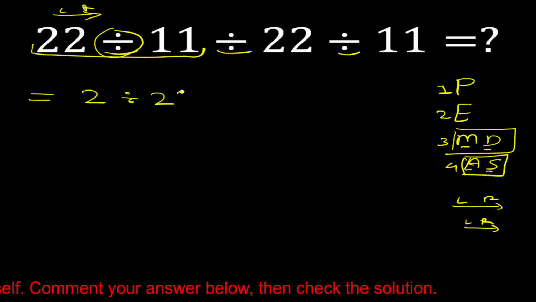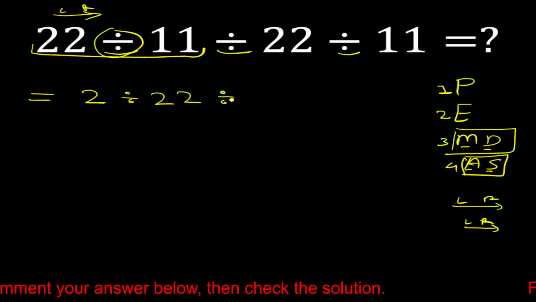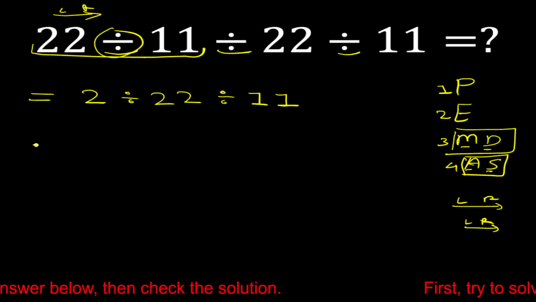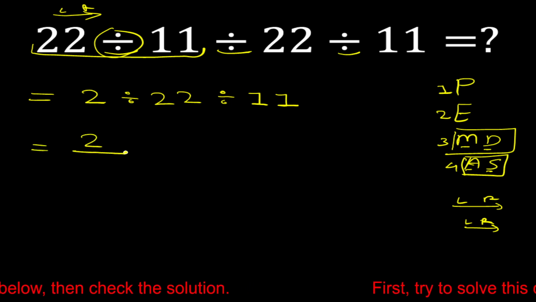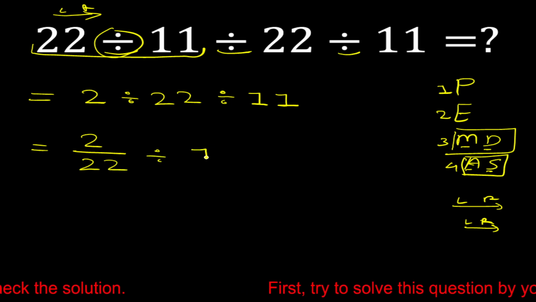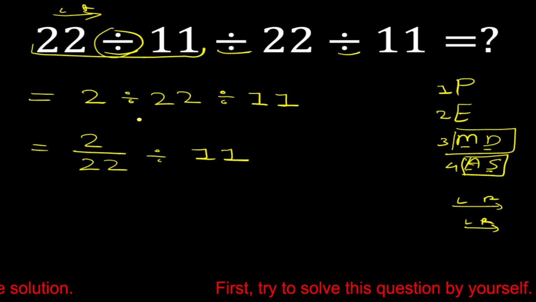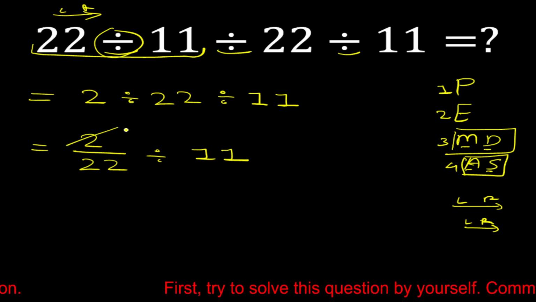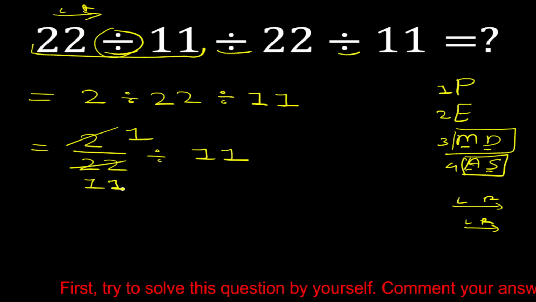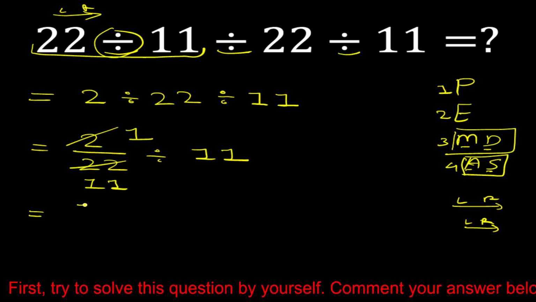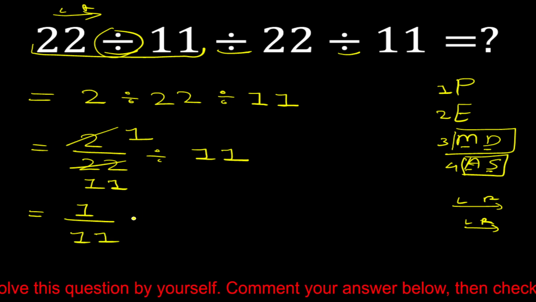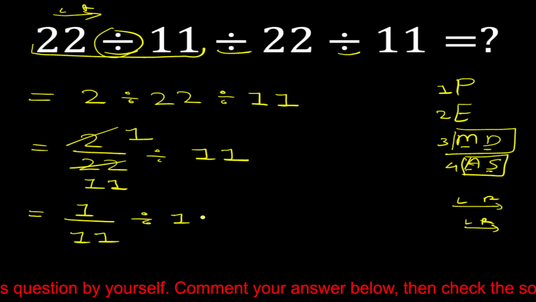Now 2 divided by 22 can be written as 2 upon 22, divided by 11. So now 2 divided by 2 is equal to 1, and 22 divided by 2 is equal to 11. So it is equal to 1 upon 11, divided by 11.